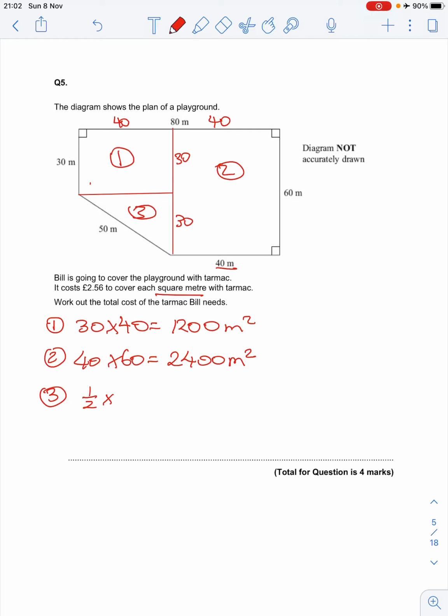It's half times this part here, which is 40, times 30. So we just type this into our calculators. We get 600 meters squared.